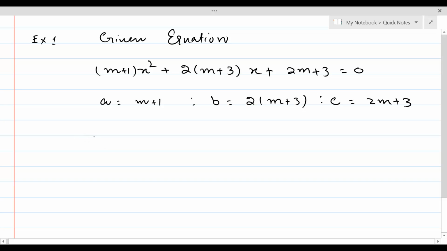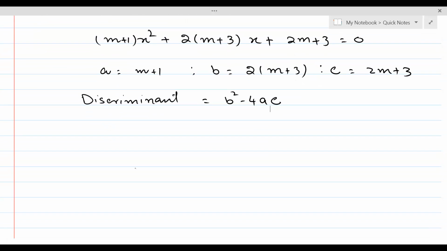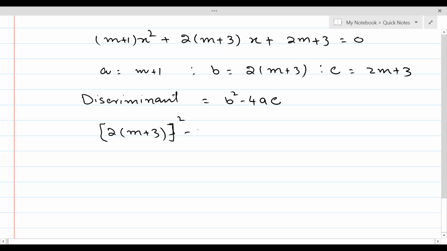Now we'll first find the value of the discriminant. The discriminant is equal to b square minus 4ac, which means 2 times m plus 3 whole square minus 4 times m plus 1 into 2m plus 3.